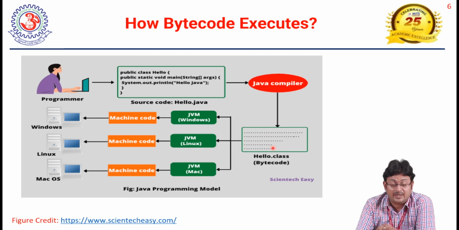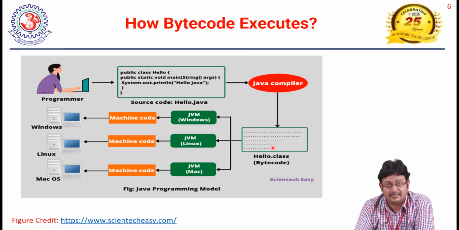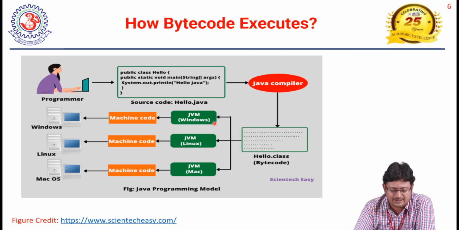As I discussed in earlier slides, this bytecode should be the input to the JVM, right? Now I'm having three kinds of JVMs here. It may be a JVM running on the Windows platform, or a platform-dependent Linux JVM, or a platform-dependent JVM for the Macintosh operating system.